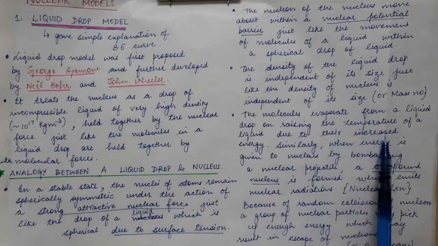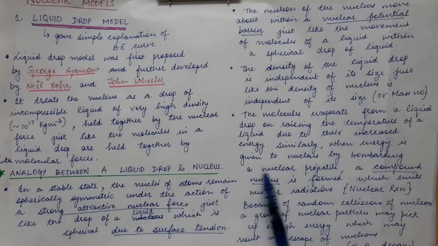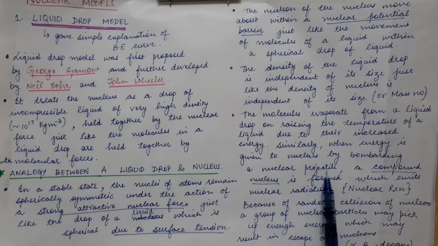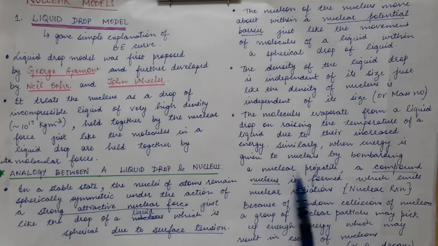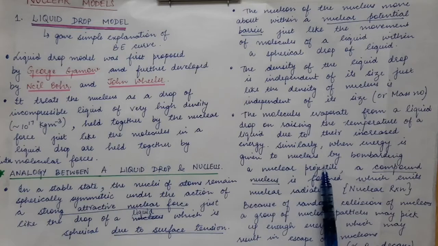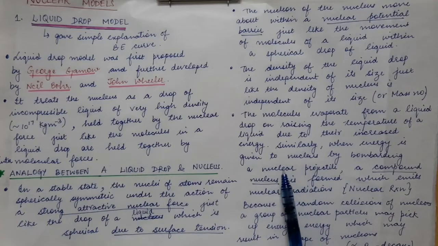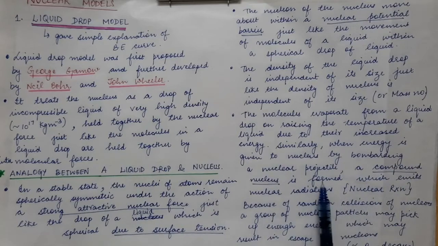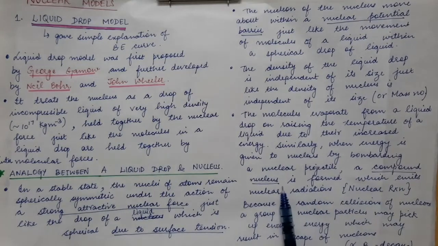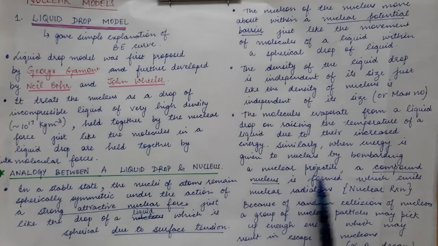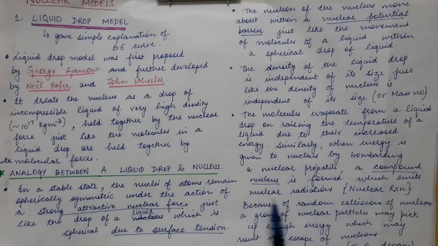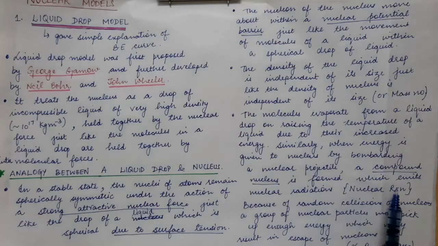Similarly, when energy is given to the nucleus by bombarding a nuclear projectile, that is a proton or alpha particle, made to strike a nucleus, the energy is imparted to the nucleus and a compound nucleus is formed. This we will discuss in the last chapter, on nuclear reaction. The compound nucleus will emit nuclear radiation after some time.